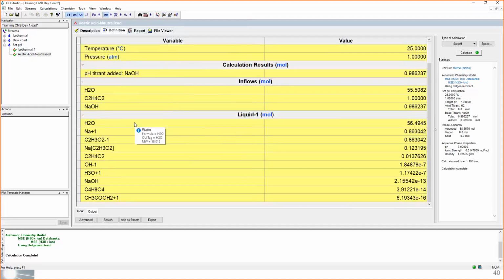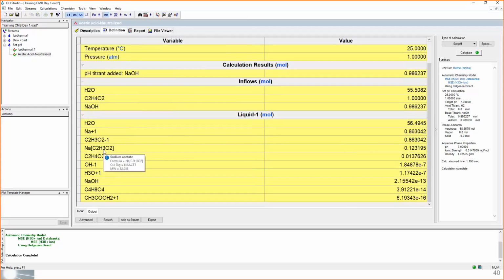So now this is the acetate ion. Acetate ion is a very high amount. The acetic acid has been deprotonated. It's no longer acetic acid anymore at this pH, and it's a big amount, 0.86 moles.